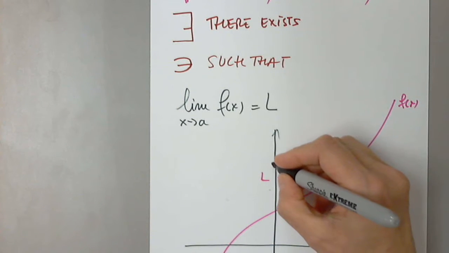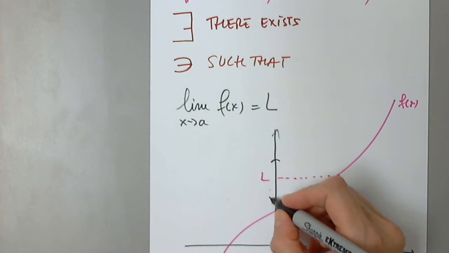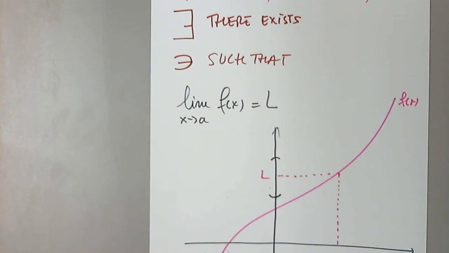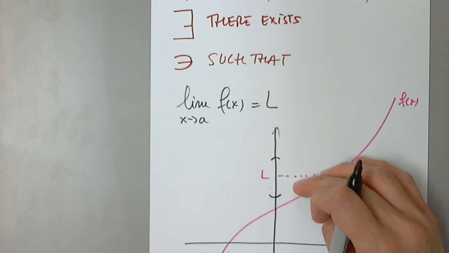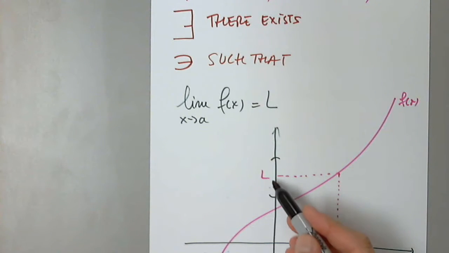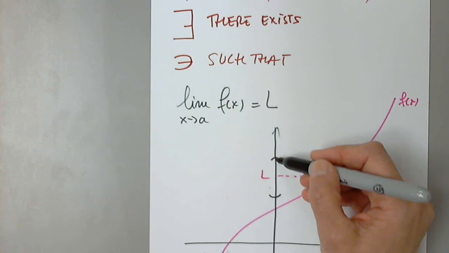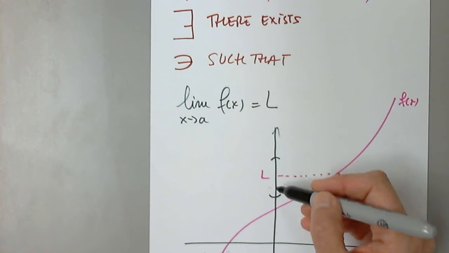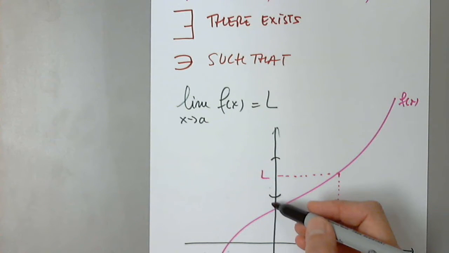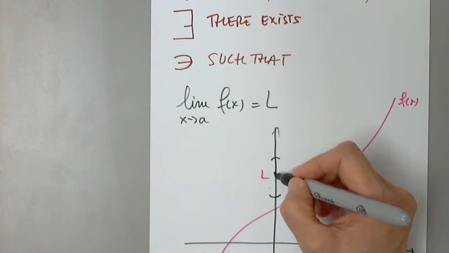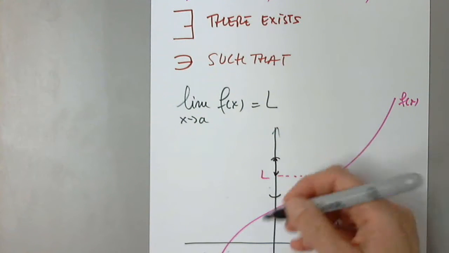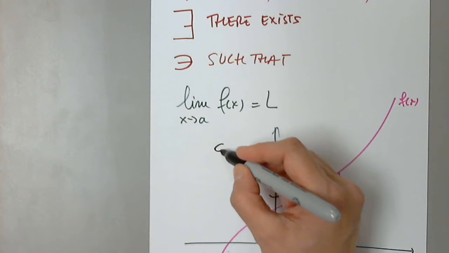Let's suppose I create an interval that is a symmetric interval around the L. Let's say if L is 5, this is 5.2, and this is 4.8. So half of this interval is epsilon.